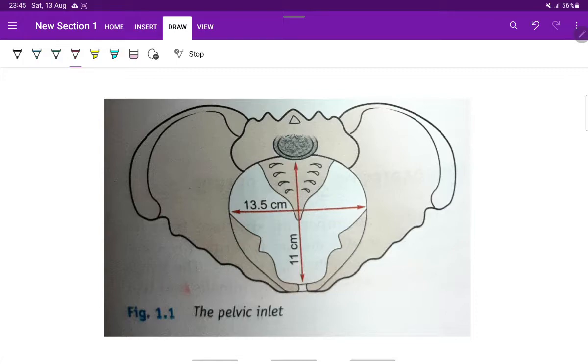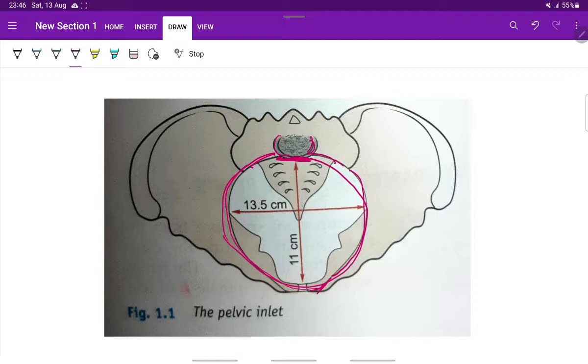So, this image shows the linea terminalis. This is the linea terminalis formed by the upper part of the sacral vertebra, the sacral promontory, body of sacrum, and the ala of sacrum, following which is the arcuate line of the ilium, and then there is the pectineal line of the pubis on either side.